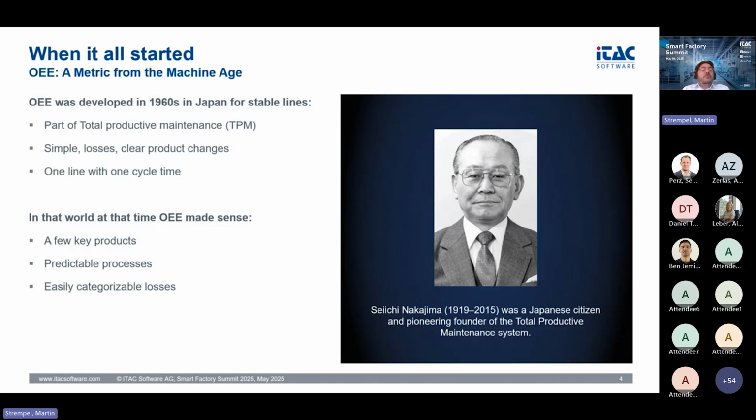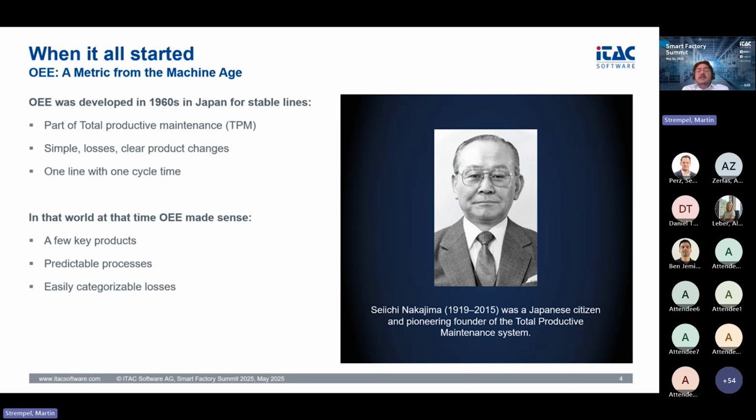I'm sure we are almost all aware, especially if we've been working in manufacturing for a little bit, that OEE was born in the 1960s in Japan as part of total productive maintenance. The introduction at this time was all around lean production. And this was a time when factories were stable. They were running few products, and the lines were pretty much linear compared to today.